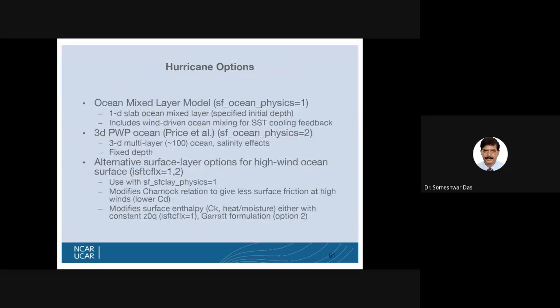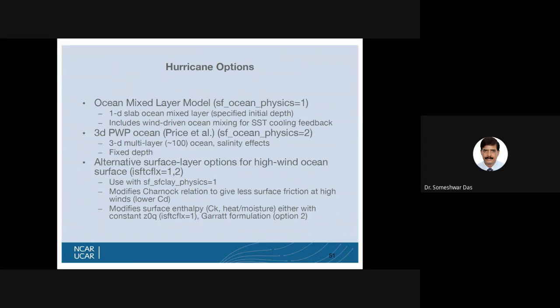Now, for certain applications like when we are running the WRF for hurricane or cyclone forecasting, they call it HWRF, Hurricane WRF. In that case, some additional features are available because you especially need a better analysis of the ocean parameters.